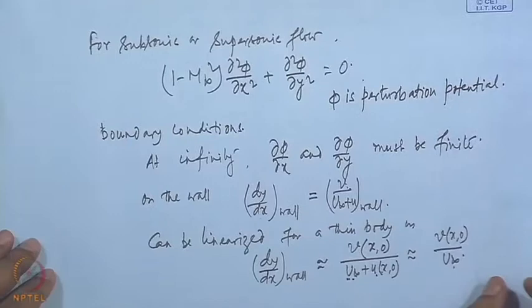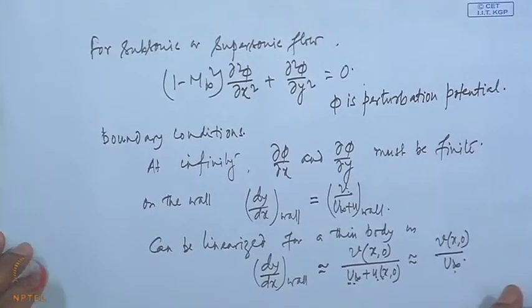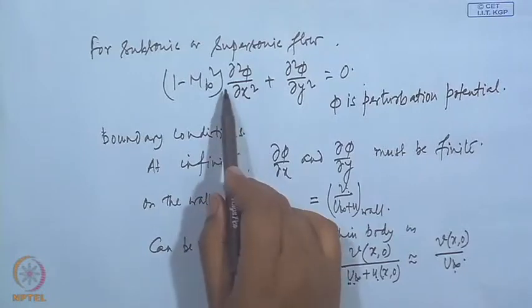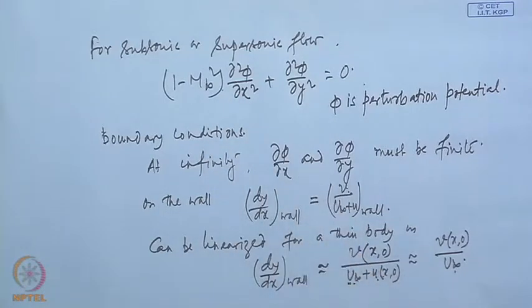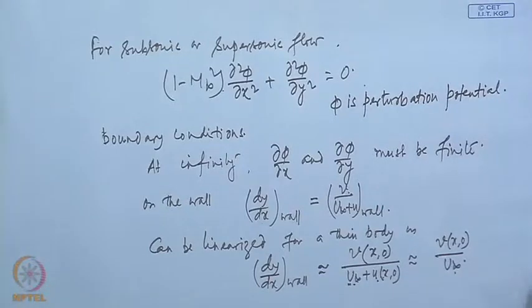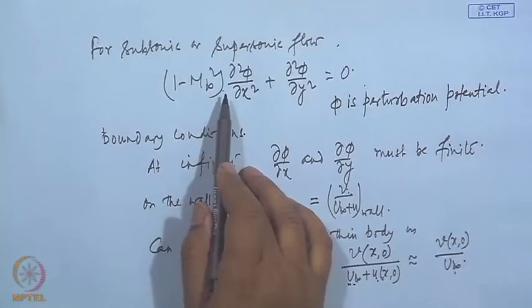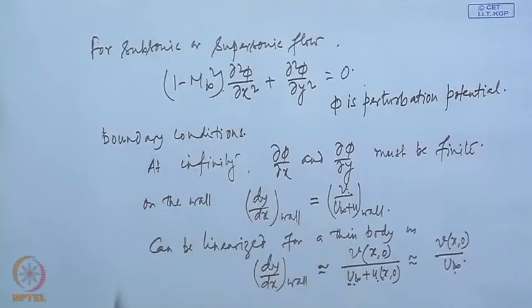Now, to complete the solution of this problem at hand, that is flow over a wave shaped wall, we need to solve this equation subjected to these boundary conditions. Before solving the equation, we should see that the equation changes its nature as M infinity changes from less than 1 to more than 1.